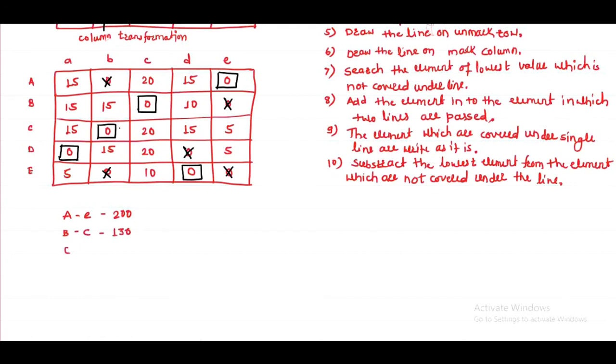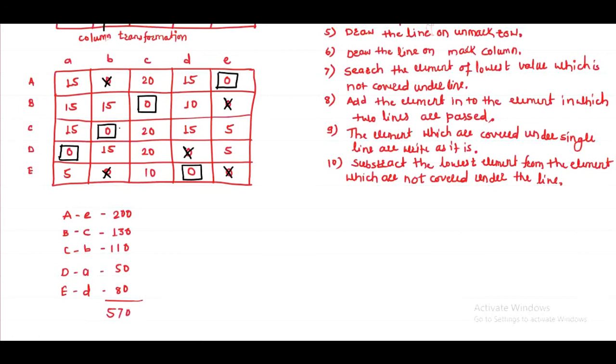C is assigned to B, the value is 110. D is assigned to A, the value is 50, and E is assigned to D and the value is 80. So the total is 570.